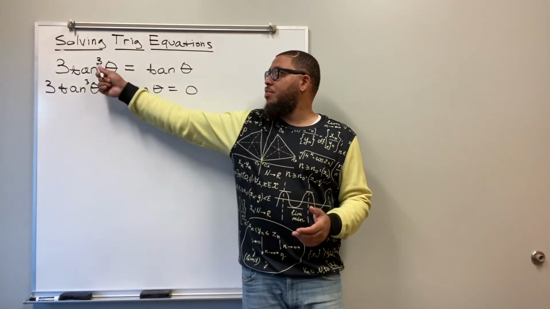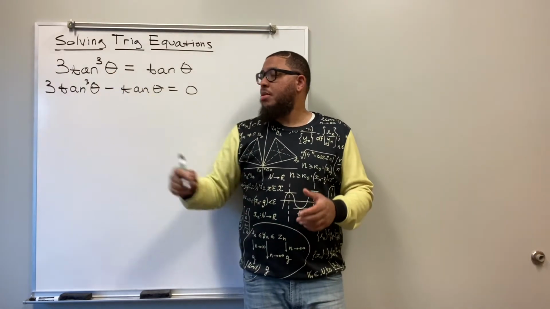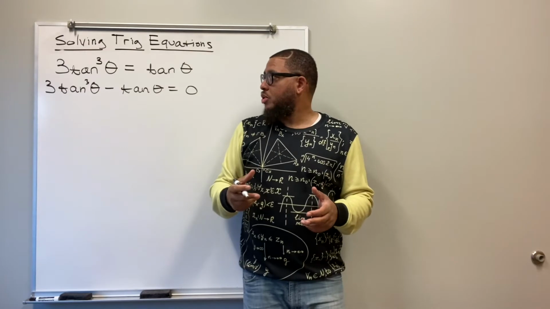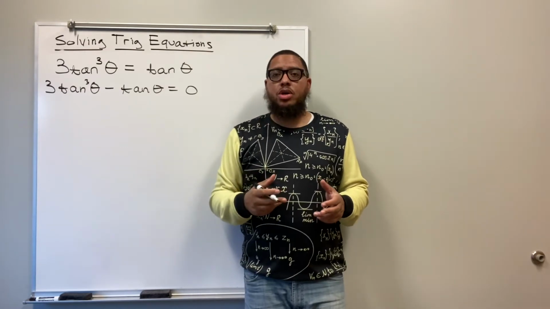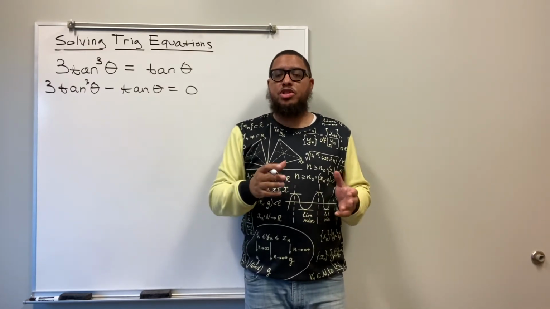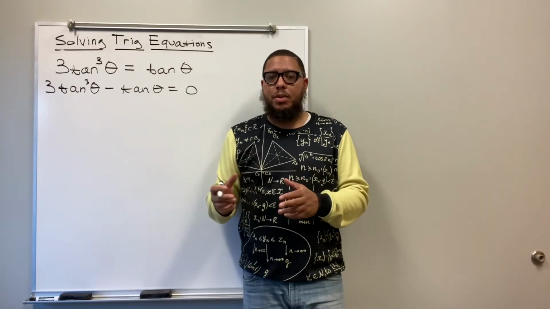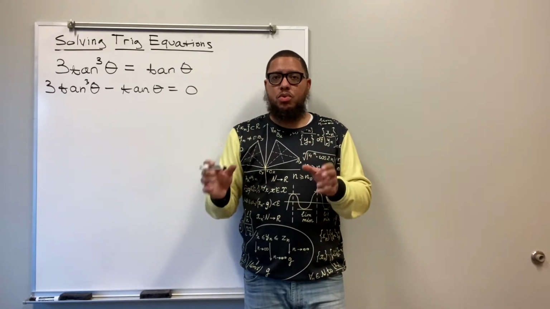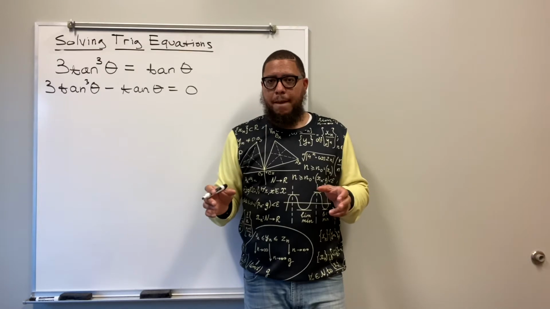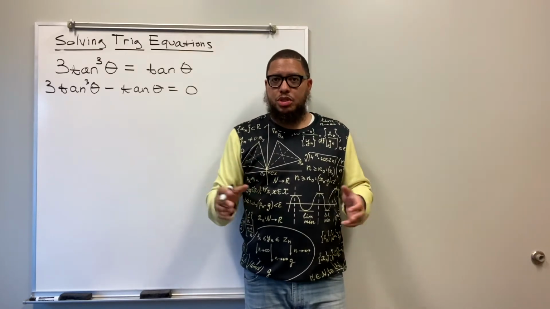Because this is a cubic equation, to the third power. But if you simplify it, you're going to end up with something to the first power and something to the second power. And then you can solve each of those individual equations, all right? And then you'll get your solutions that way.